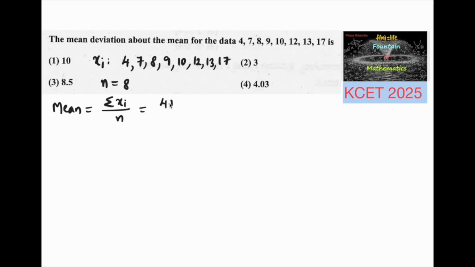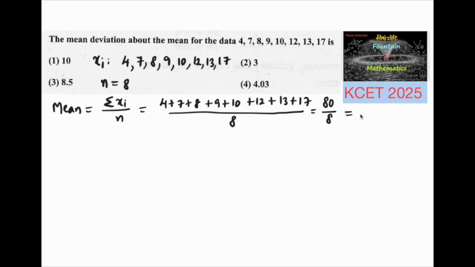So we can write 4 plus 7 plus 8 plus 9 plus 10 plus 12 plus 13 plus 17 divided by 8. So if you find the sum, you will get 80 divided by 8, which is equal to 10. So therefore, mean x bar is equal to 10.